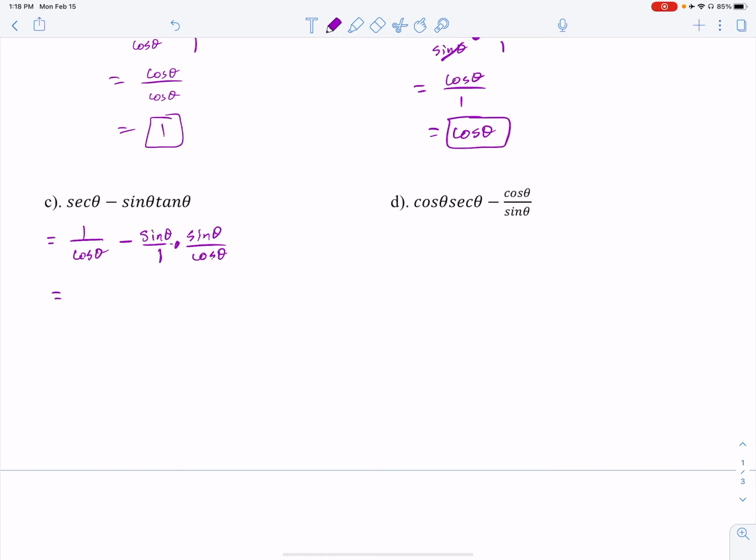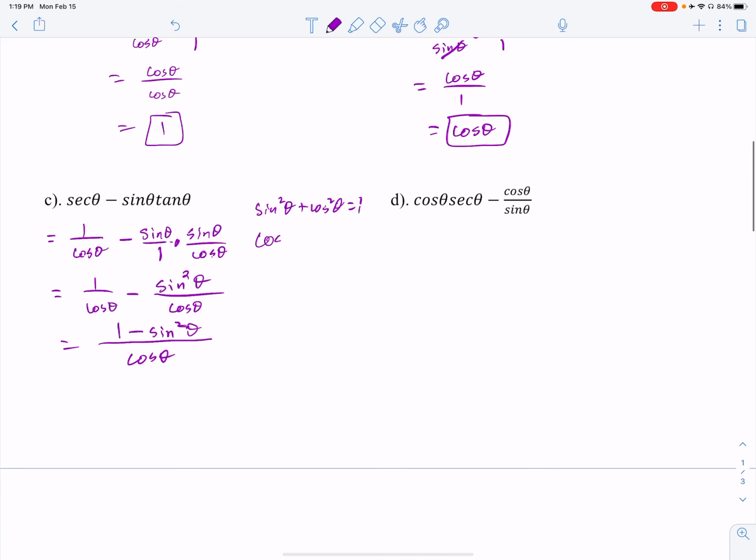So I have 1 over cosine theta minus sine times sine is sine squared theta, and in the denominator 1 times cosine is cosine theta. So they have a common denominator of cosine, so I can go ahead and subtract the numerators and put them over cosine. But wait a minute, 1 minus sine squared. We have sine squared theta plus cosine squared theta equals 1.